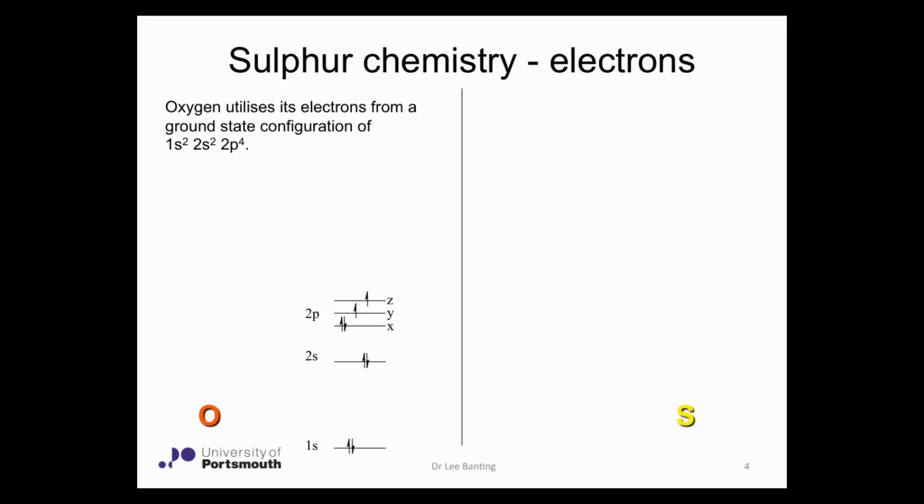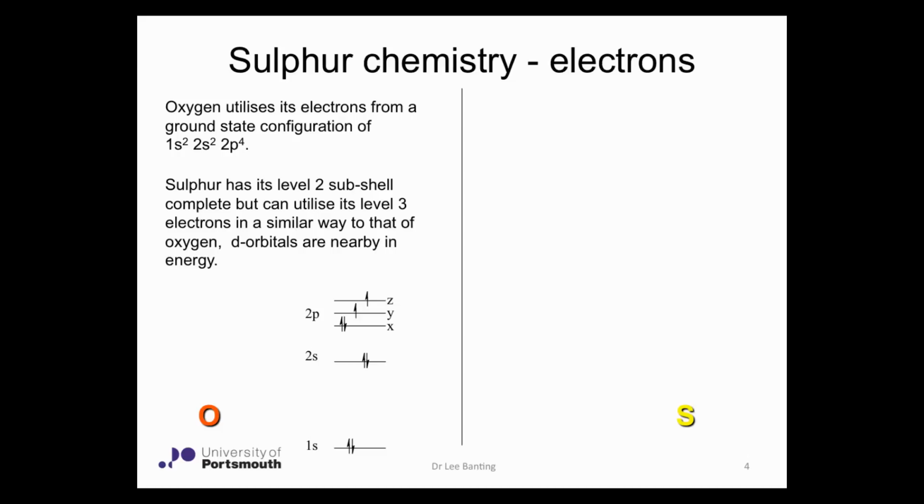Here's an energy level diagram taking into account these electrons, and you notice that oxygen has 2 free electrons available to it for bonding to 2 other atoms that will give it electrons to complete its shell in its covalent bonding.